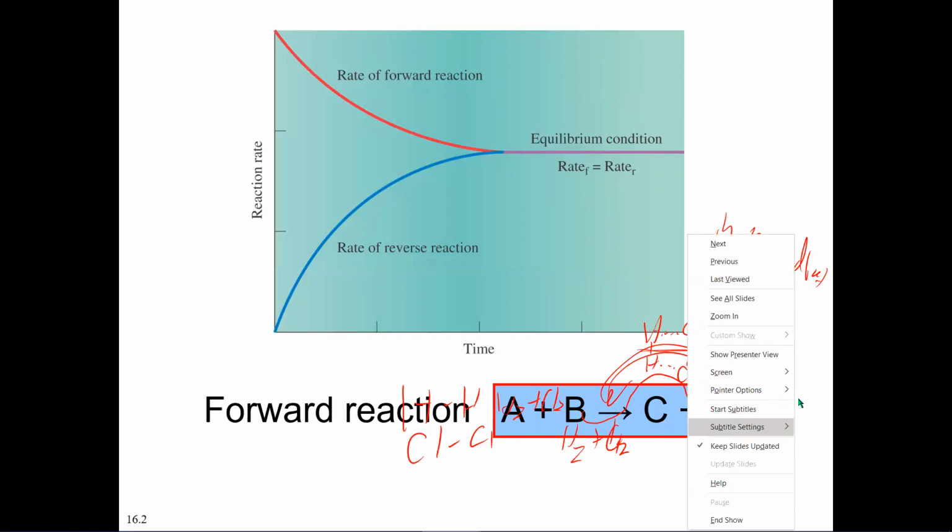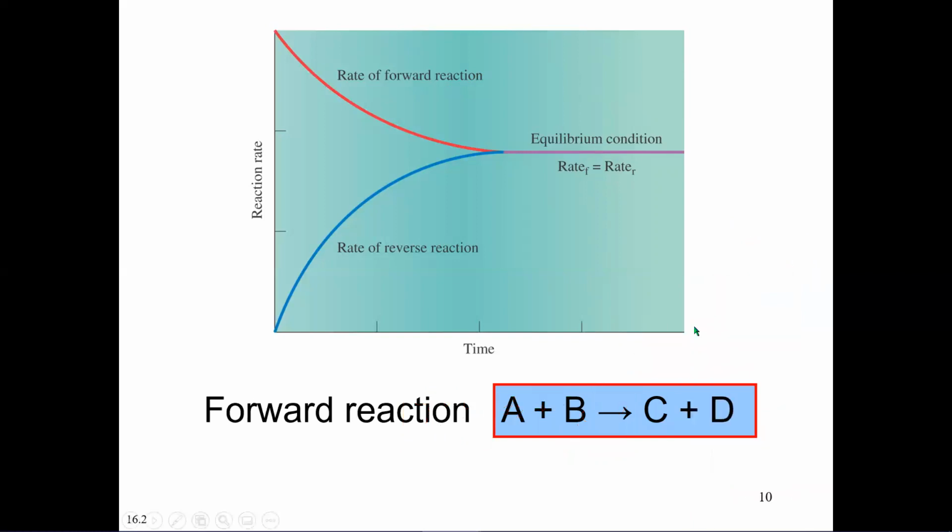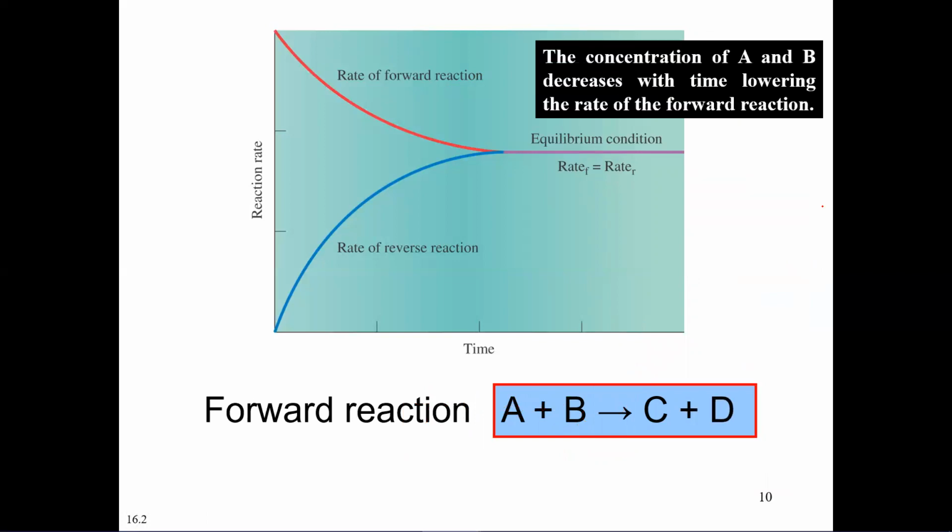And so let me erase what's on the slide again. You can see how this kind of works here again. The concentration of A and B decreases with time, lowering the rate of the forward reaction.